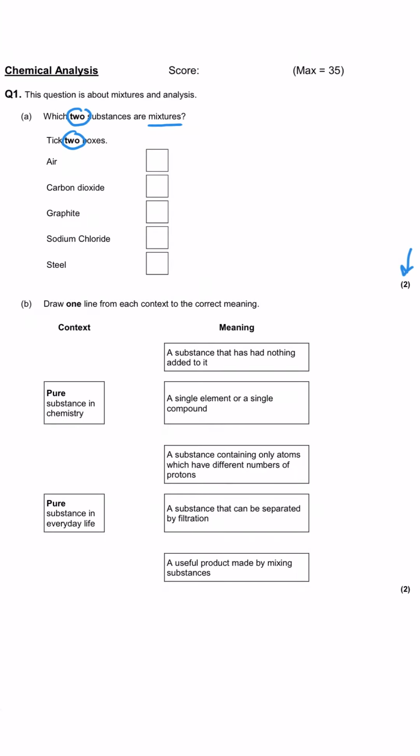So in terms of the thinking behind this, we've got air, carbon dioxide, graphite, sodium chloride and steel. Now carbon dioxide and sodium chloride, those are compounds, and we know they're compounds because when we write their formula we're writing two capital letters for both of them, so they've each got two elements inside them.